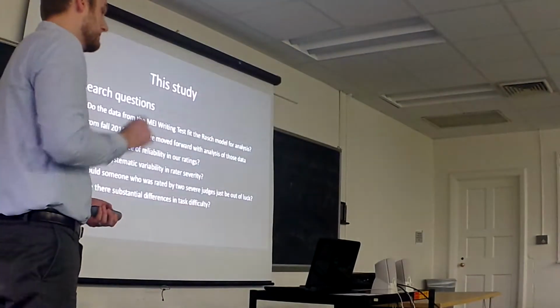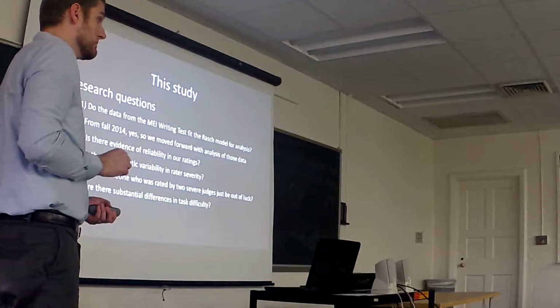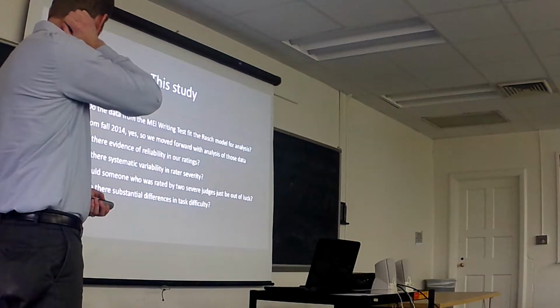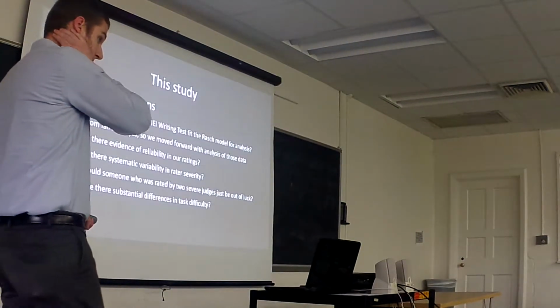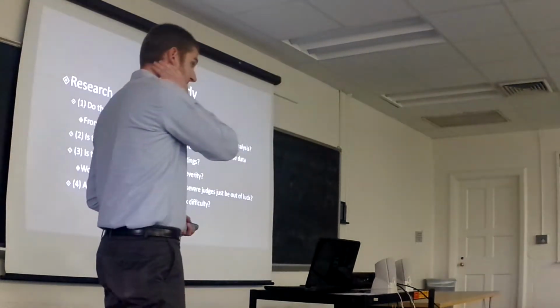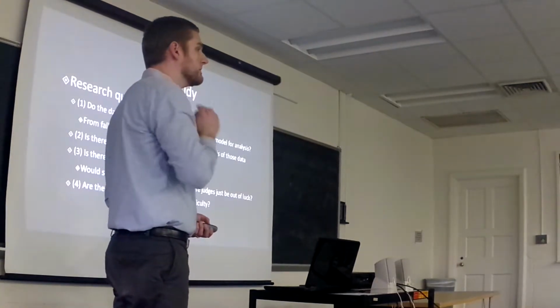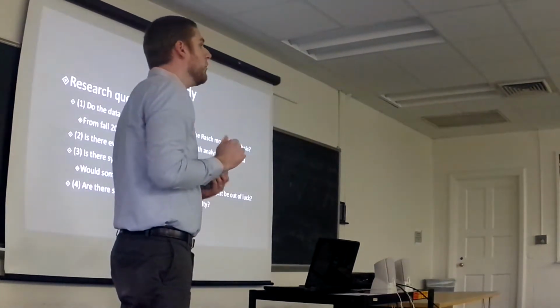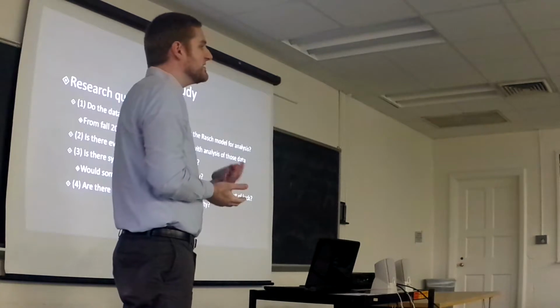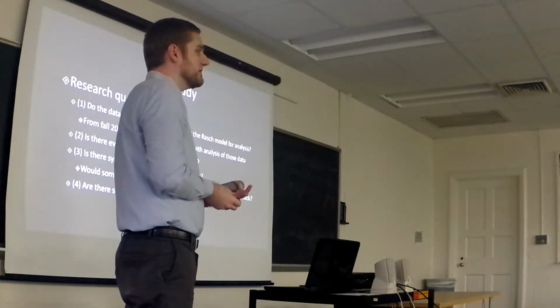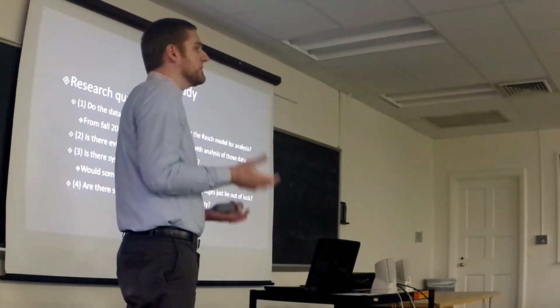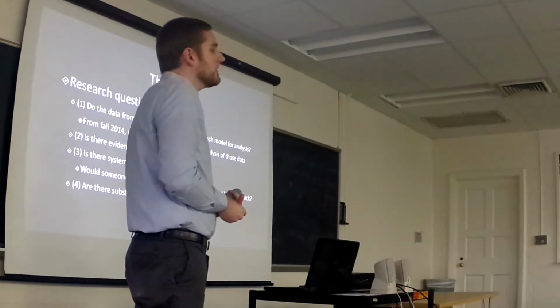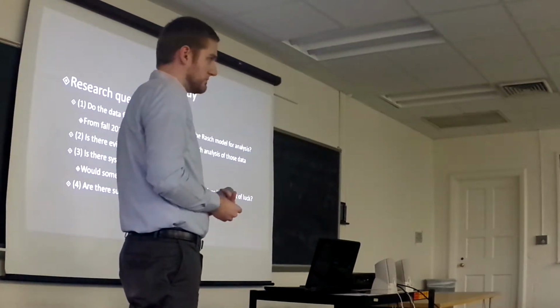I have a question about research question 3. I mean, not that you would want someone to get rated severely twice, but wouldn't you want there to be systematic severity? Well, you assume some level of variability because we're people. A systematic would show that people were being unreliable. Is that what that means?